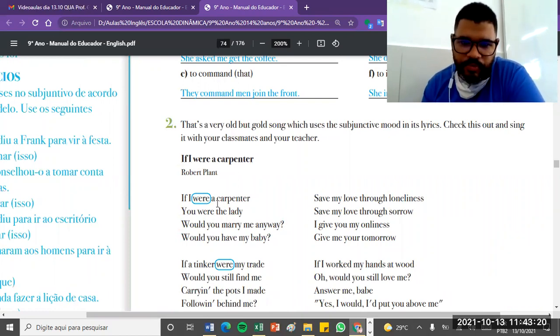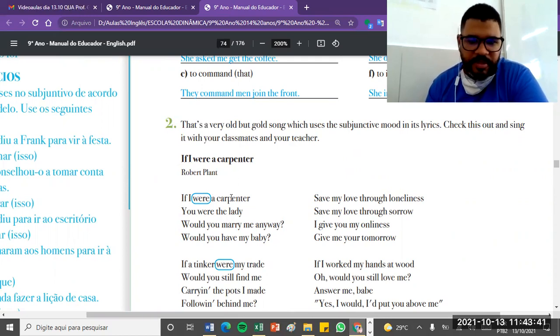Were, aqui a gente tem o uso do were. Aqui temos uma sentença. A pergunta fala o seguinte: That's a very old but good song, which uses the subjunctive mood in its lyrics. Check it out and sing it with your classmates. My son, if I were a carpenter, aqui a gente tem o uso, se eu fosse um carpinteiro, certo?